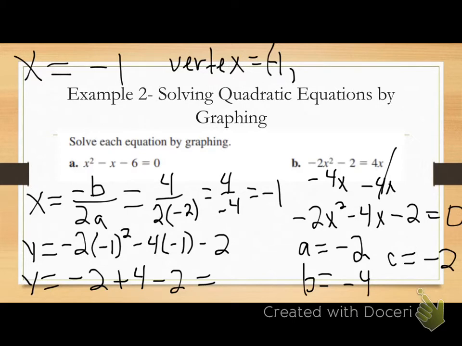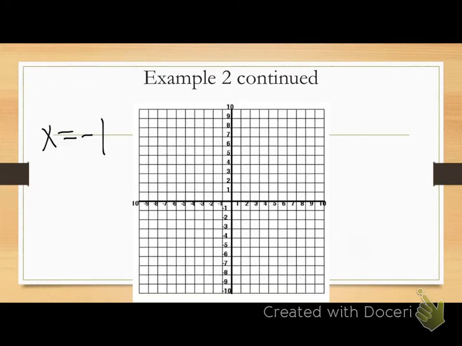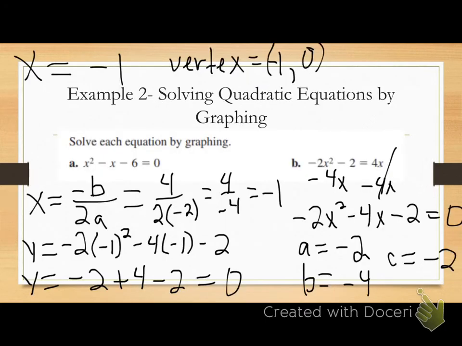Everyone with me? And then what's negative 2 plus 4? 2. And then what's 2 minus 2? 0. My y value for my vertex is 0. Questions how I got my vertex?